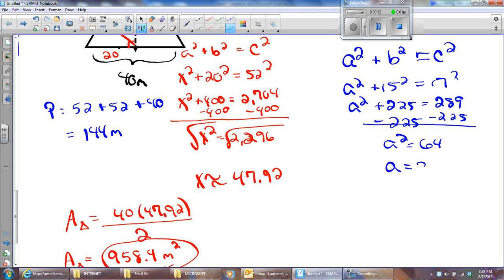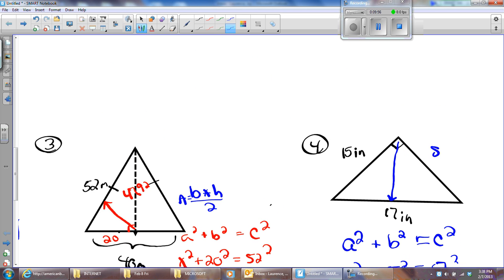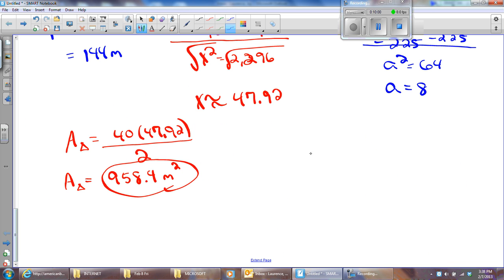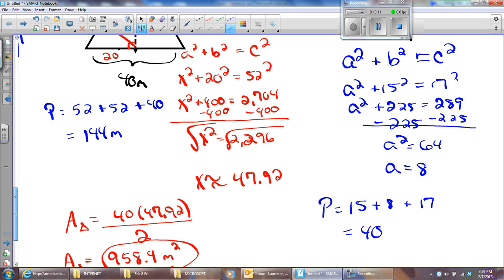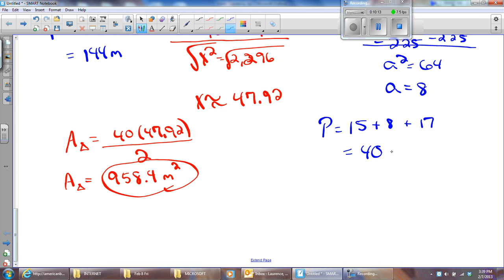A is going to equal 8. So now I can do the perimeter, and I will just simply do 15 plus 8 plus 17. It looks like that's going to be 40. And what kind of units am I in? Inches. 40 inches is my perimeter.